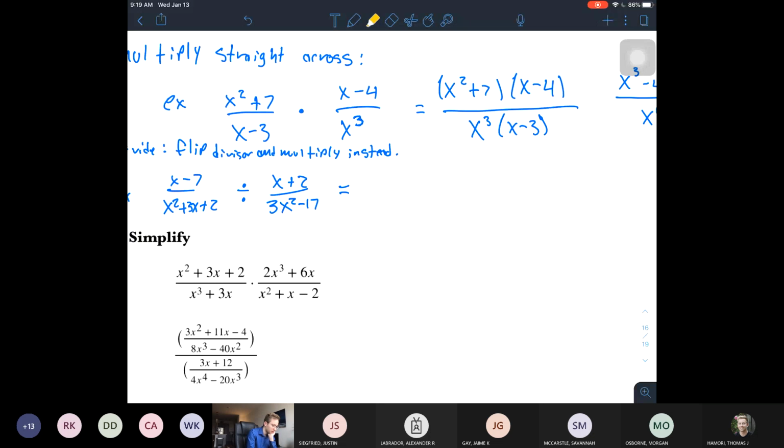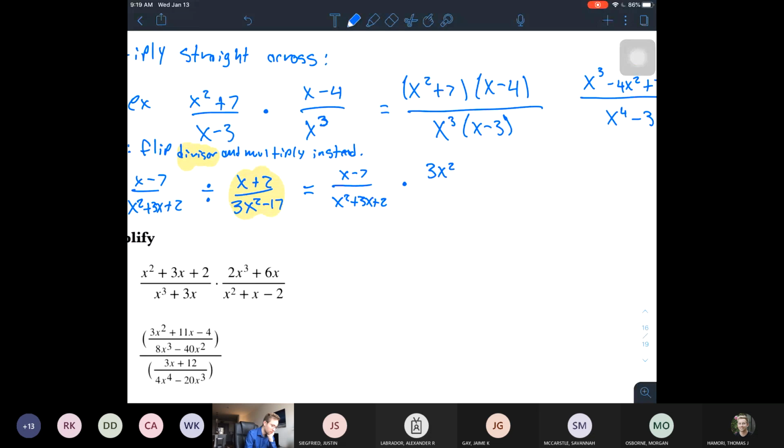So the divisor here is referring to the thing which is doing the dividing. So we're going to flip that. We're going to get x minus 7 over x squared plus 3x plus 2. That's just the first one rewritten. And instead of dividing by this thing, we're just going to multiply by 3x squared minus 17 divided by x plus 2.